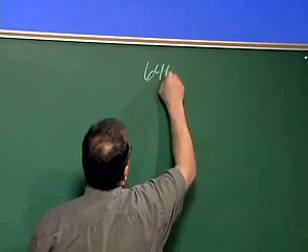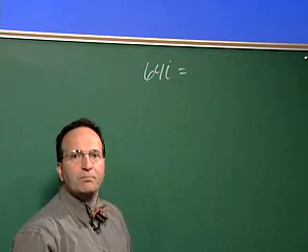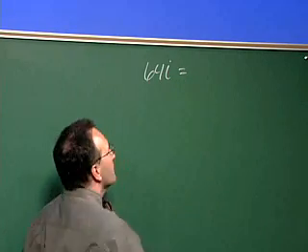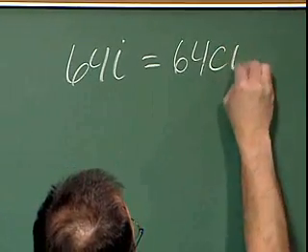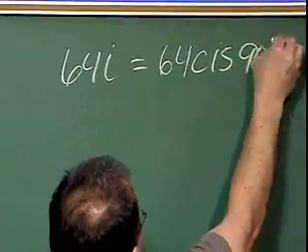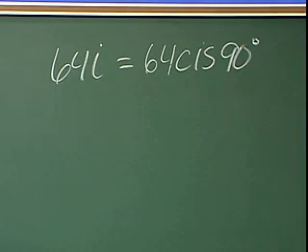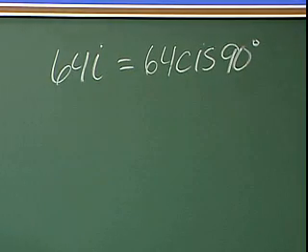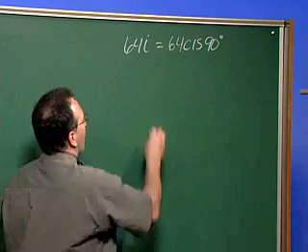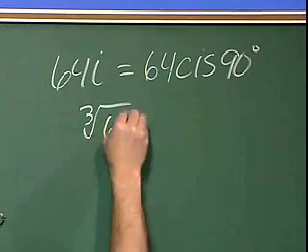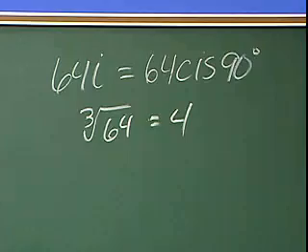Welcome back. Let's find out how you did. The first thing we want to do is convert 64i into its polar form, which would be 64 cis 90 degrees. And now we want to find the cube roots. So the modulus is the cube root of 64, which is 4.